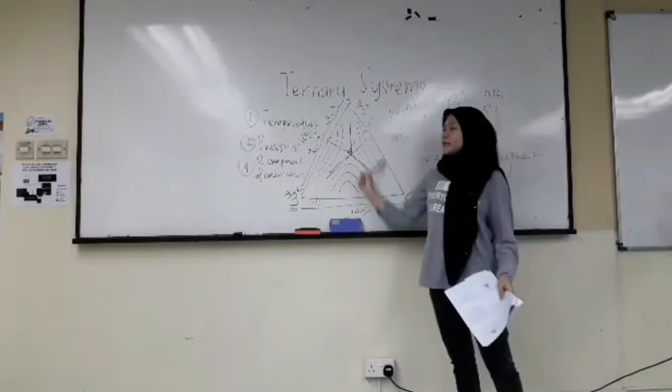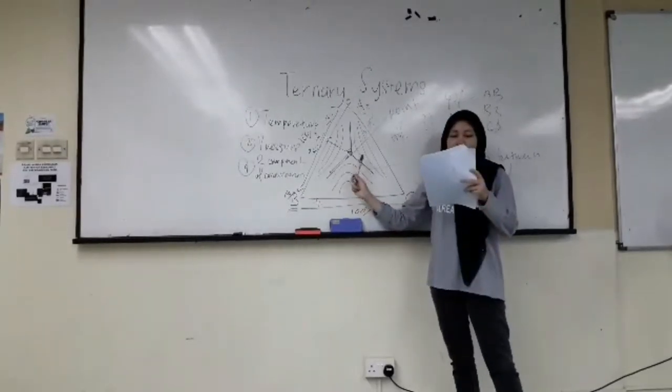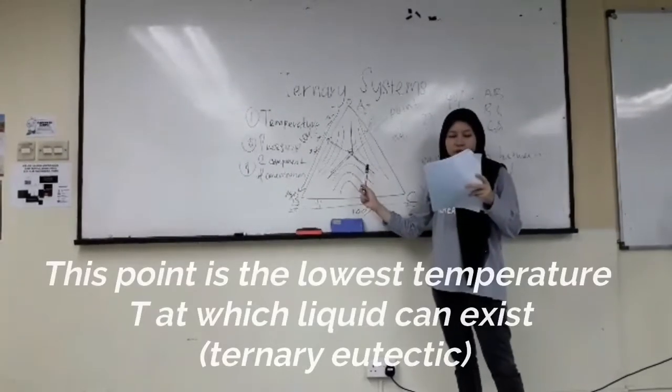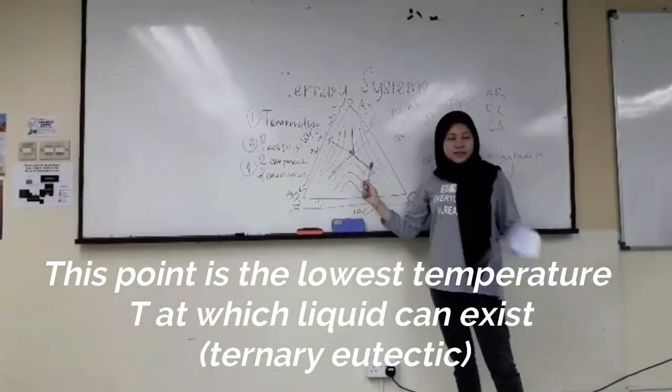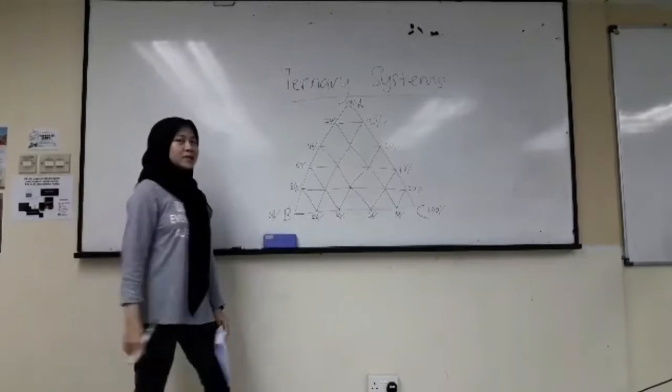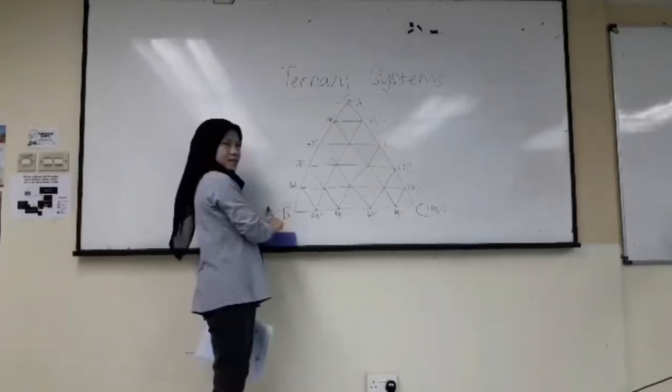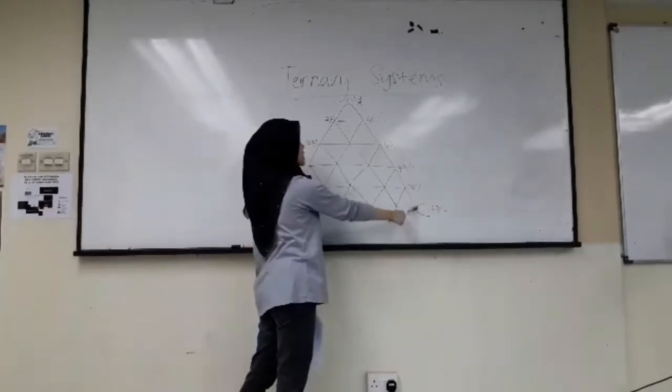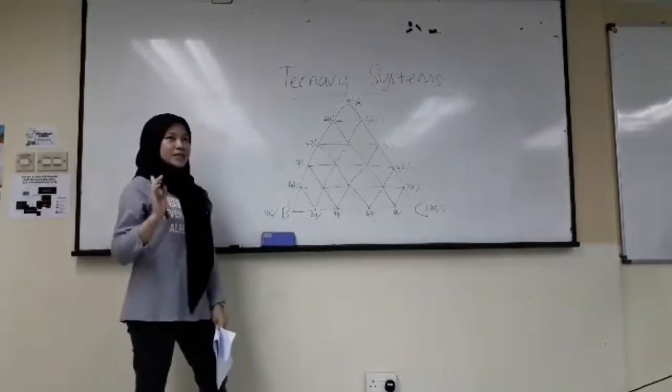So we know that this point is the lowest temperature at which liquid can exist, a ternary eutectic. For example, as we said earlier, A to B 100, B to C 100, C to A also 100. So this is how we calculate.